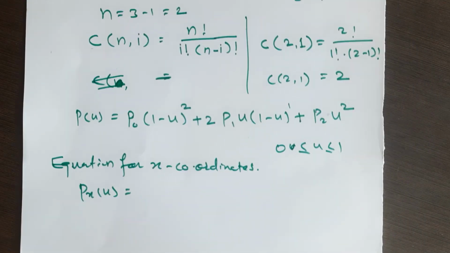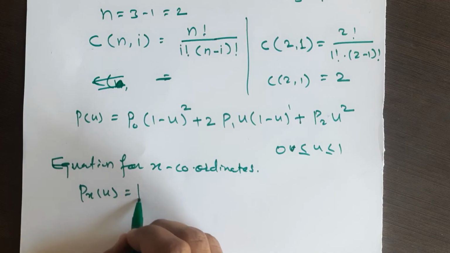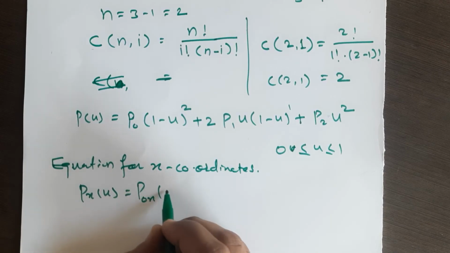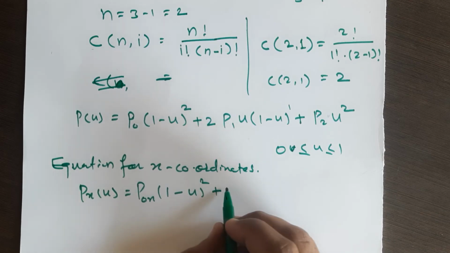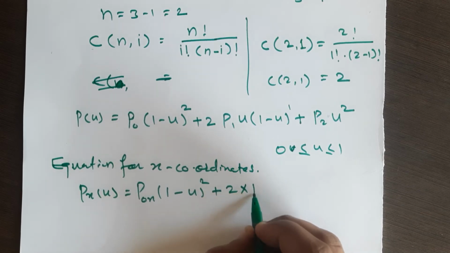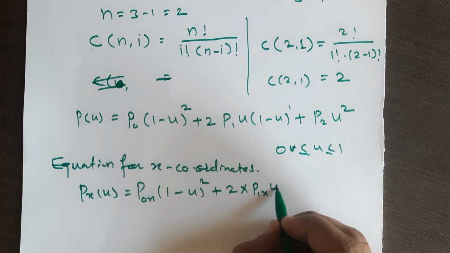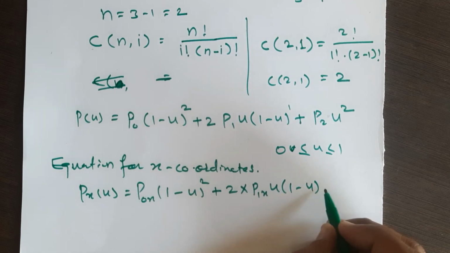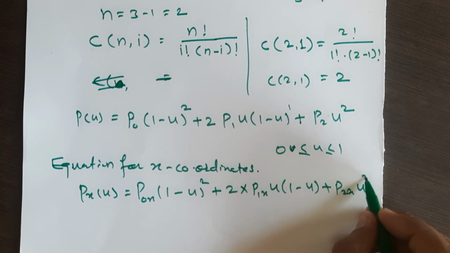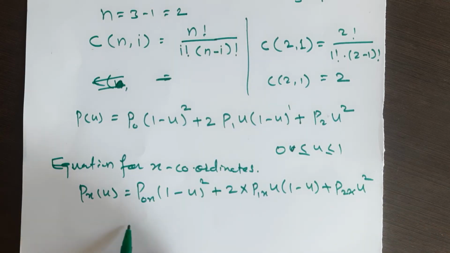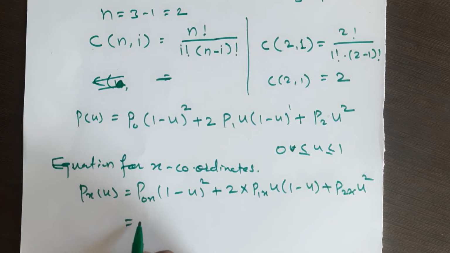Okay, so now P0x 1 minus u square plus 2 into P1x u 1 minus u plus P2x u square.